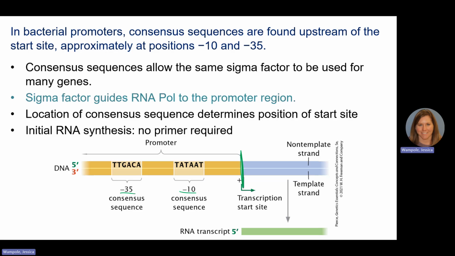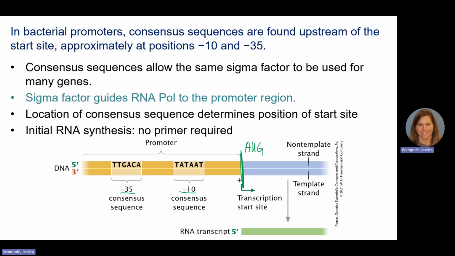And we will see in a few minutes that the very first thing transcribed is always going to be a messenger RNA that starts with AUG. Again, this is so that the cell gets the start correct. And we'll talk more about that start sequence on the messenger RNA in a little bit.